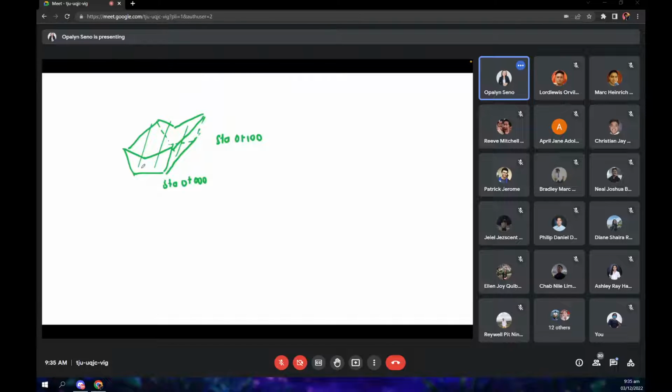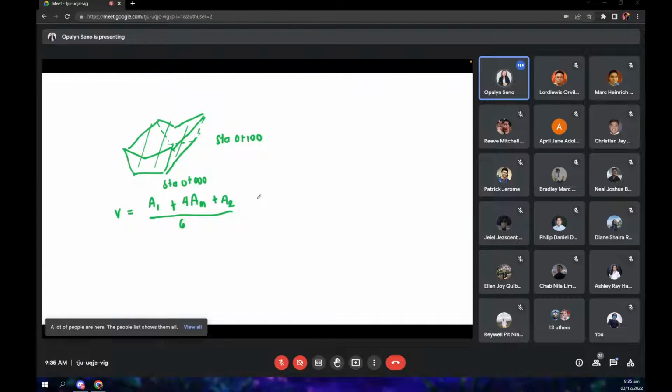Since you are done with the area, the volume is equal to area 1 plus 4 times the middle area plus area 2, over 6, multiplied by its length. So your area 1 is at the first station, and then your middle area is at the midpoint of the 10 meters, so 0 plus 005 is the half.